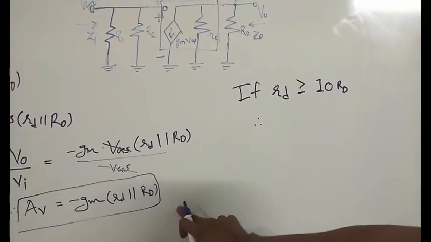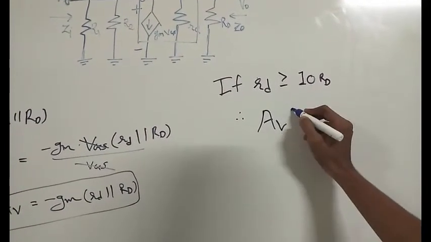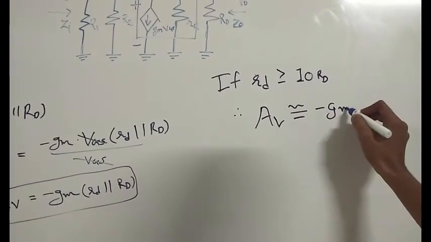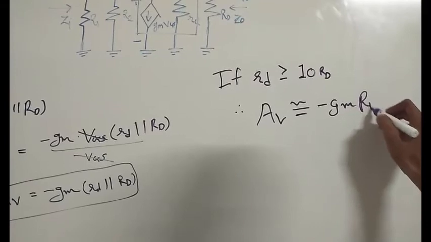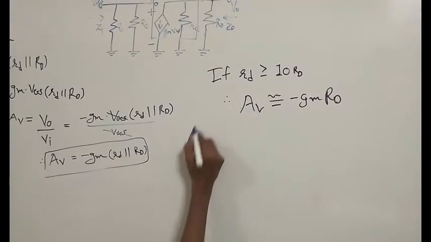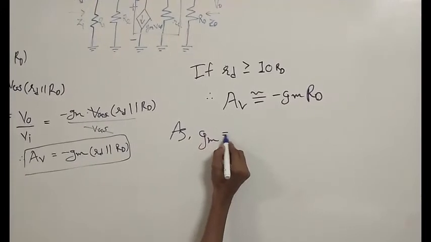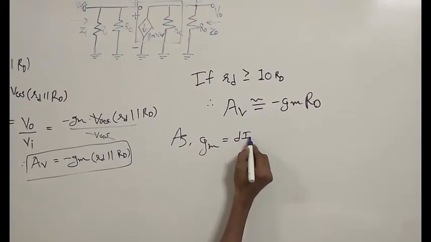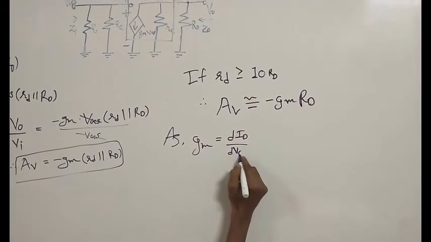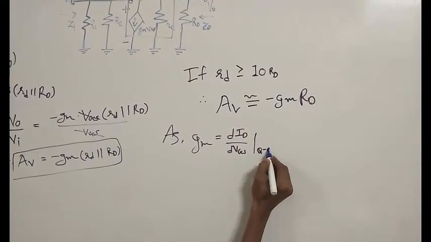So by this equation we can write that gain is similarly equal to minus Gm capital RD, because of parallel resistance, as Gm is equal to dID upon dVGS at the Q point.